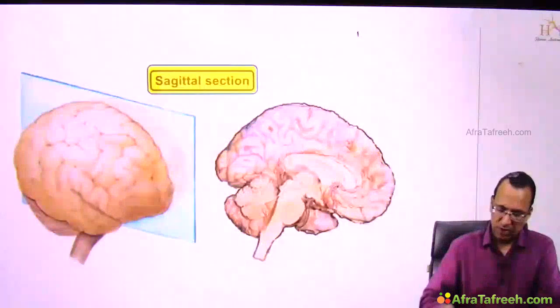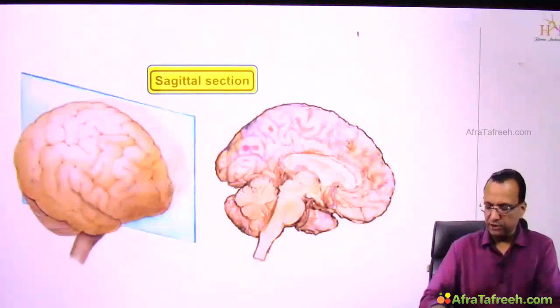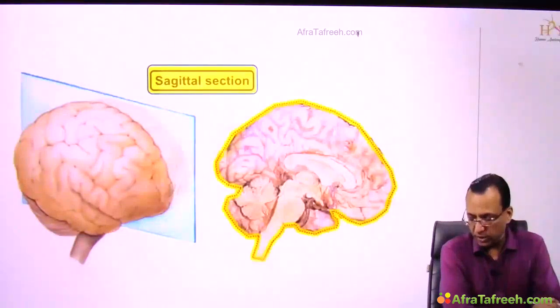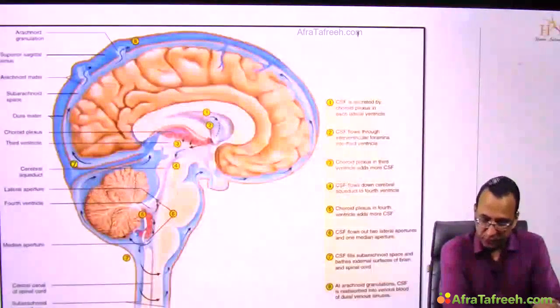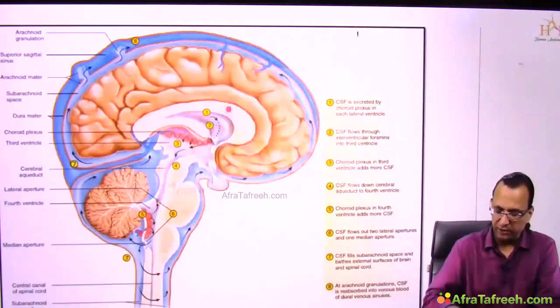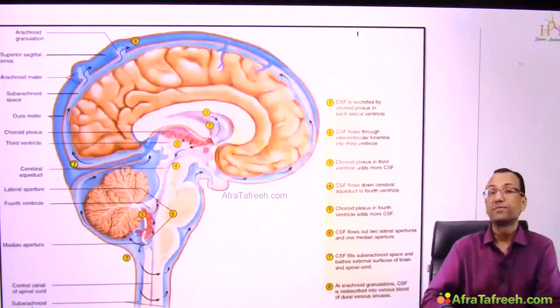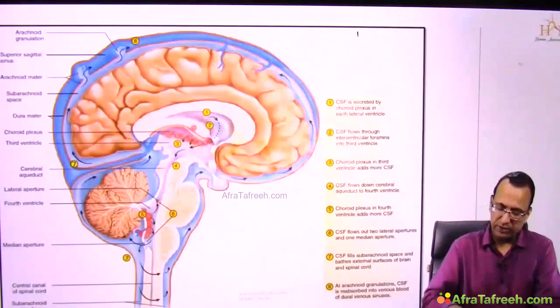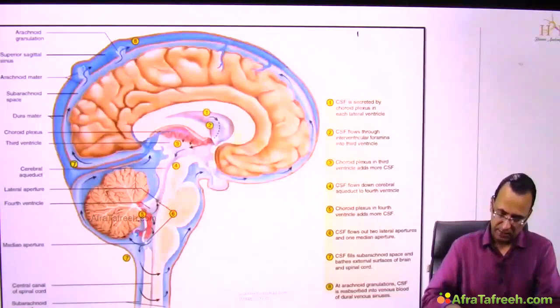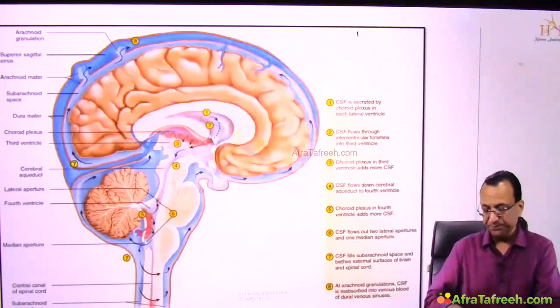Actually, you have to look at a sagittal section now and discuss the CSF circulation in more detail. Now look at this diagram. You have to understand that CSF, which was in the lateral ventricle, will pass through the foramen of Monro to enter this third ventricle, which is a midline ventricle, and then enter the aqueduct of Sylvius to enter the fourth ventricle, and then it will continue into the central canal.